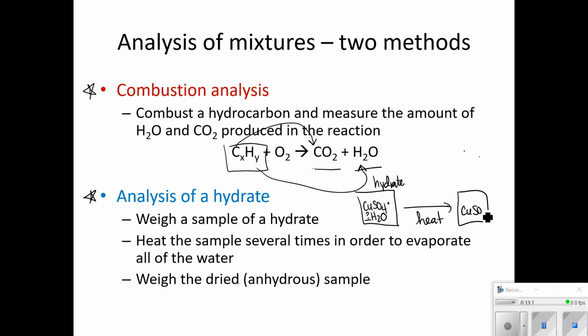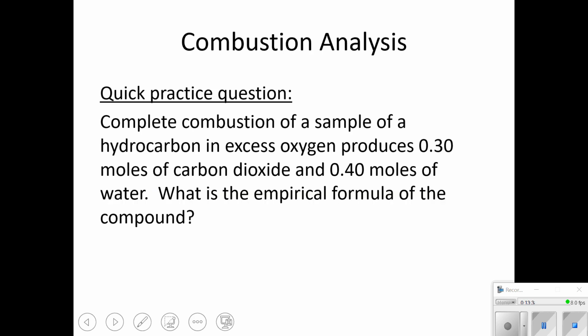And we end up with a dry sample. This is called the anhydrous version. So we're heating it to remove water. And from looking at the mass before and after the heating process, we can figure out how much water was in our original sample, and from that determine the chemical formula. So we'll look at examples of both of those.